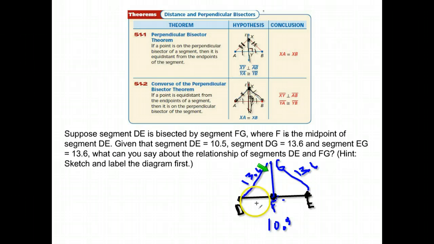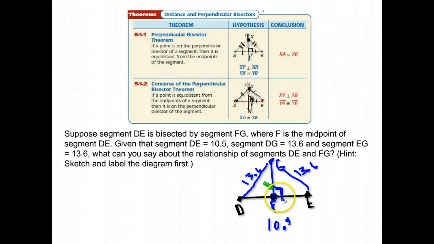What do we know? Well, let's use our theorems. What do we know right now? We know that we have a point G that's an equal distance from D and E, the endpoints of our segment. Okay, what did the converse of the perpendicular bisector theorem tell us? It told us that if that's the case, then you know G is on the perpendicular bisector.